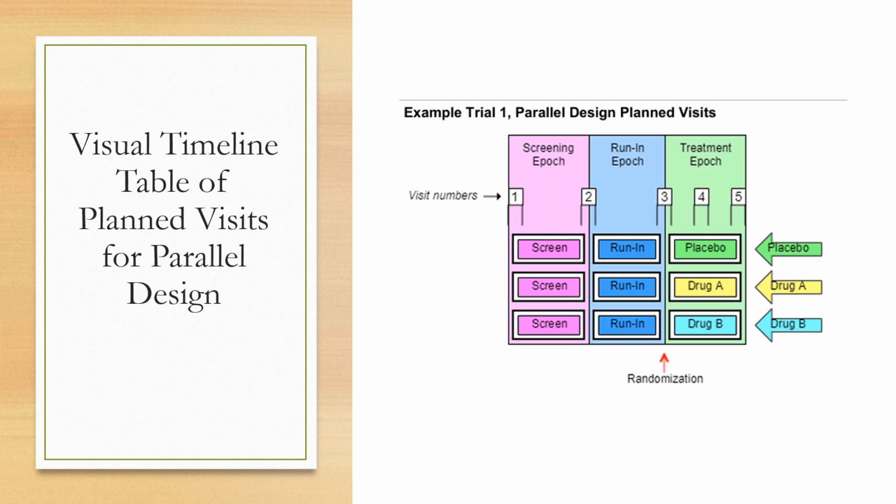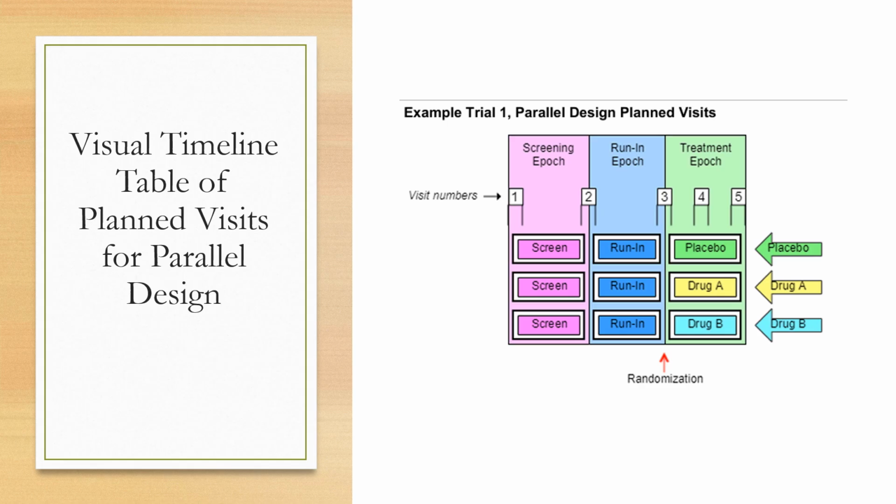If you notice here, the visits are represented as numbered flags with visit numbers 1, 2, 3, 4, and 5. Each flag has two supports, one at the beginning of the visit and the other at the end of the visit. Note that visits 2 and 3 span epoch transitions.